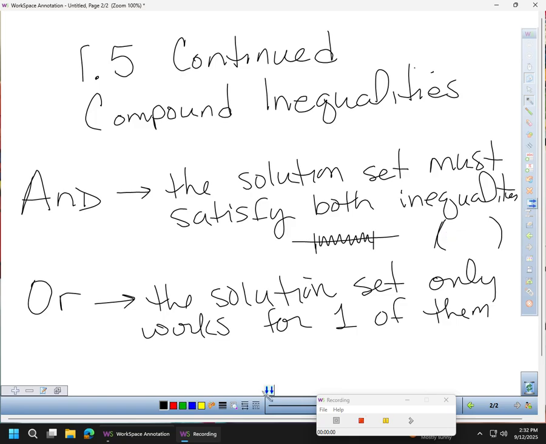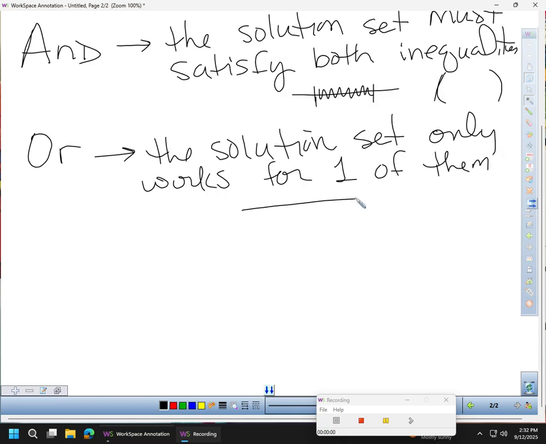If it's an or problem, it goes in the opposite directions from each other. So it either works on this half or it works on that half. And then we also have two pieces to the interval notation. It starts at negative infinity, goes to our first number with either a parenthesis or a bracket.